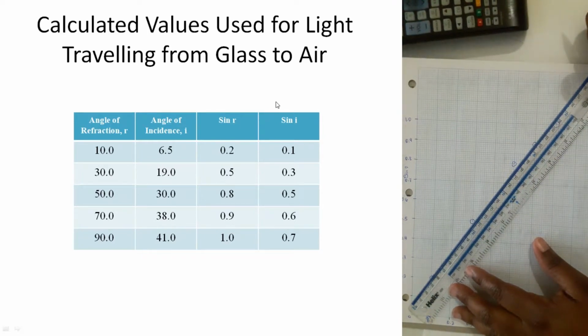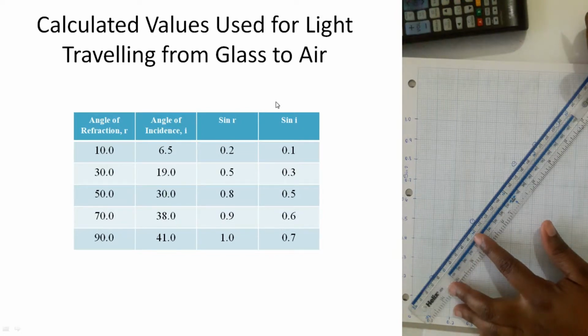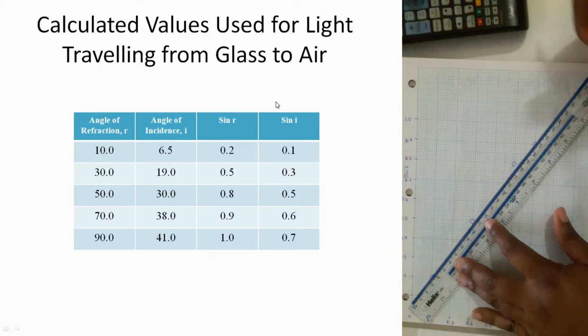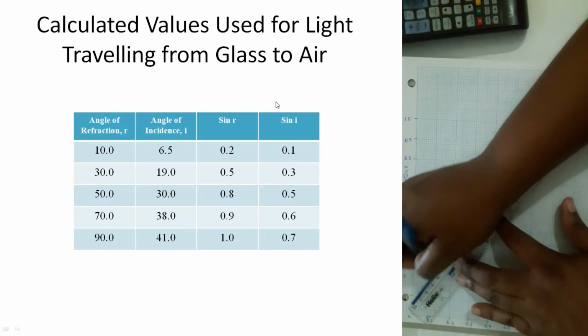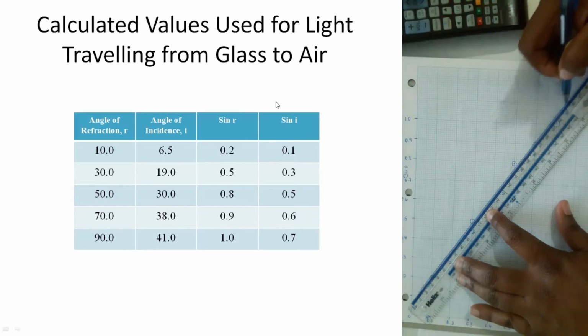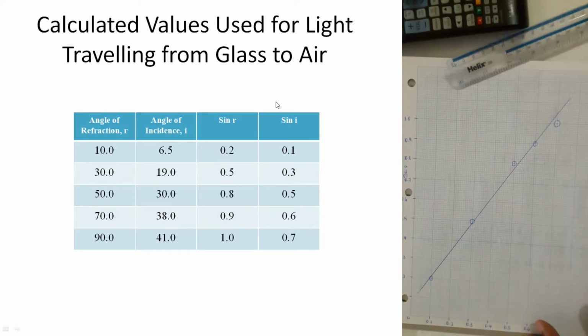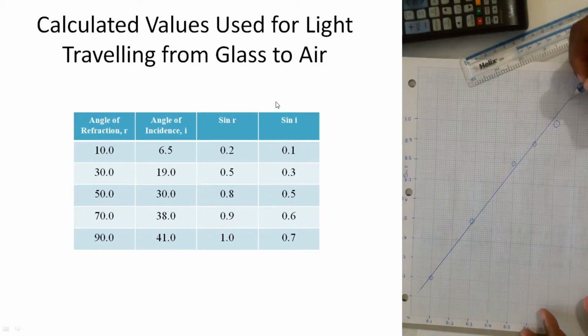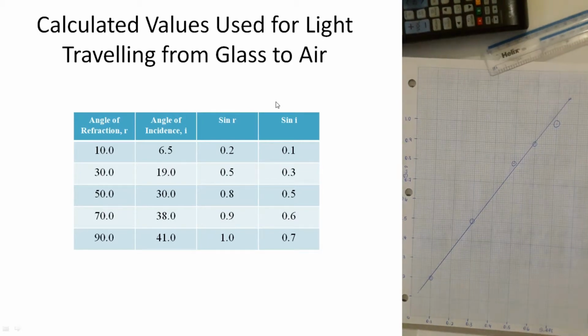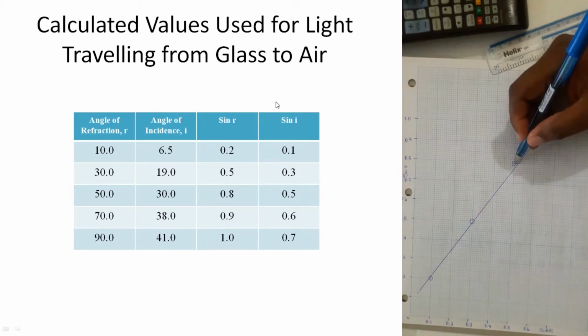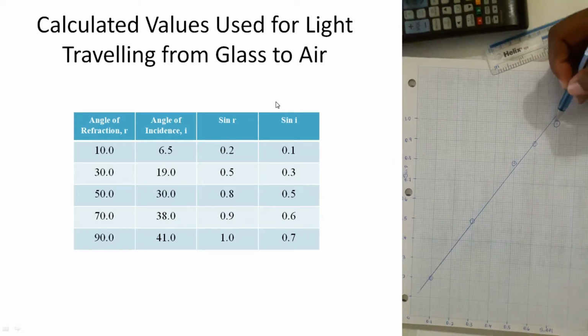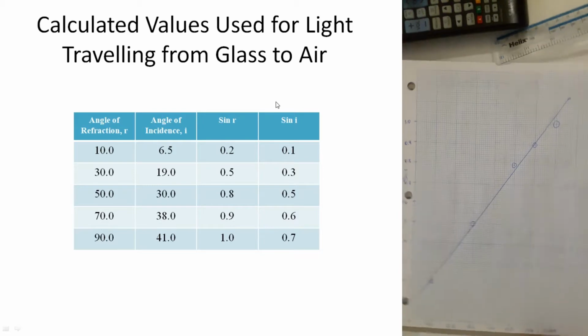You make sure that the ruler is placed equidistantly between all of the points. And that looks good, except for this piece here. This is about 1 space away, and this is about 2 spaces away. So yeah, kind of good.